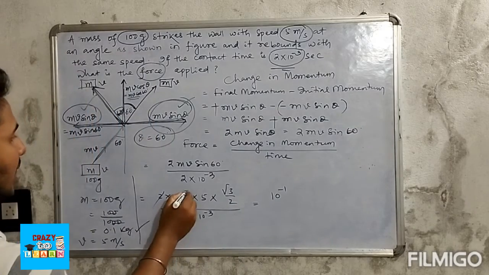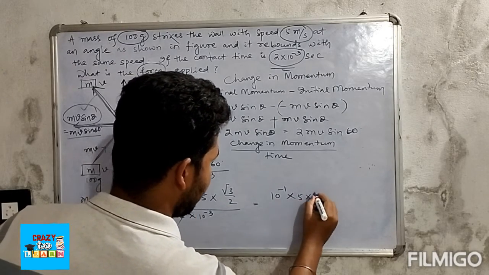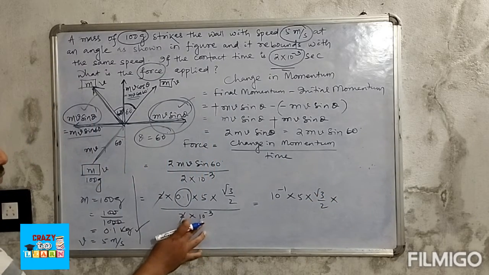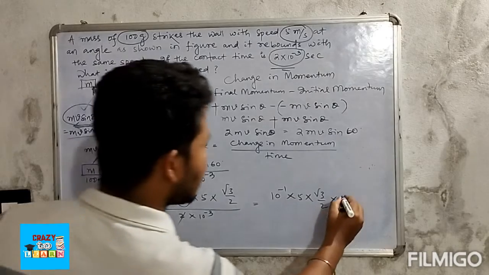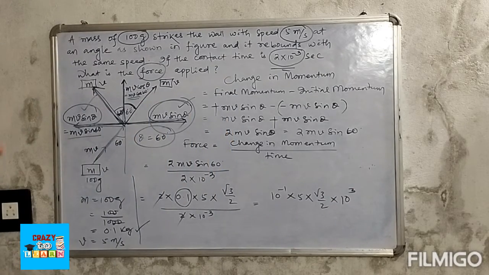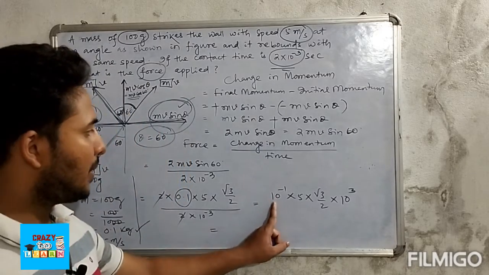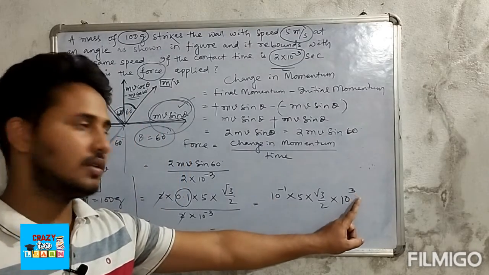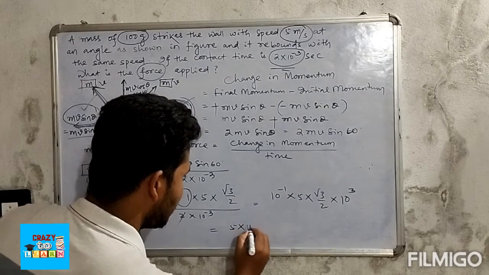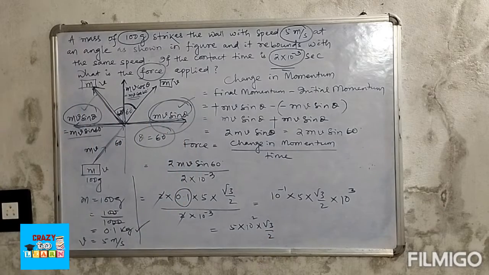So for 0.1, I write 10 to the power minus 1 into 5 into root 3 by 2. When we take 10 to the power minus 3 to the numerator, we get 10 to the power plus 3. Clear? 10 to the power minus 1, 10 to the power plus 3. 3 minus 1 is 2. So 5 into 10 to the power 2 into root 3 divided by 2.